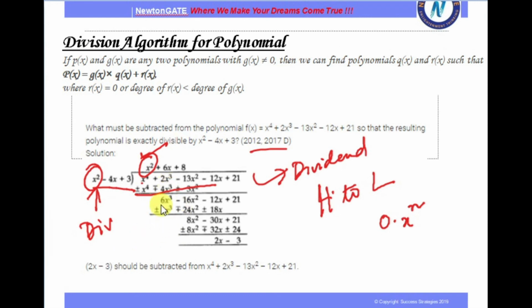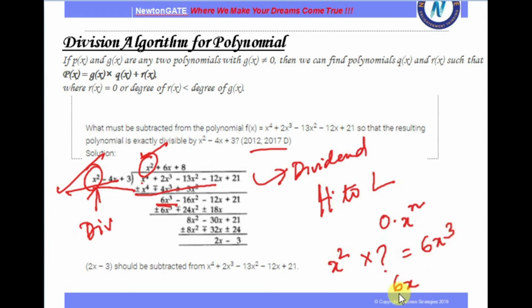Now, in the next step, it is in cubic form, right? So the degree of x is still greater than that of the divisor, so we can continue. Here it is x square and the first term here is plus 6x cube. Now, with x square, how much should be multiplied to get 6x cube? 6x, with the sign.